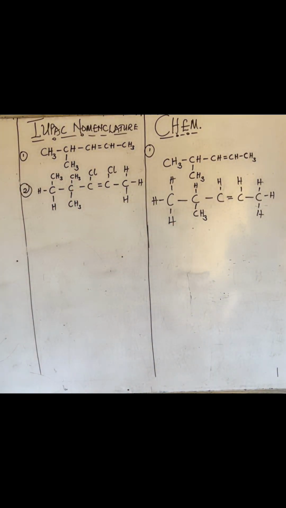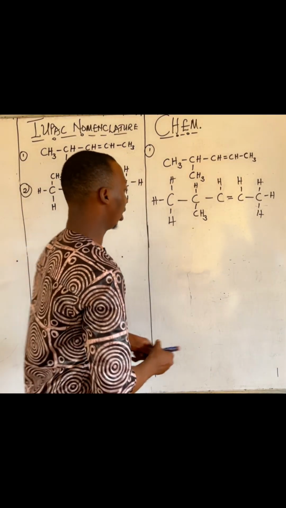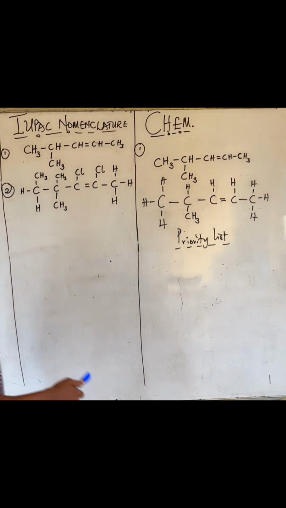So how will I go about this naming? Naming a compound like this is easy. Now there's something you have to do. There is a list known as the priority.